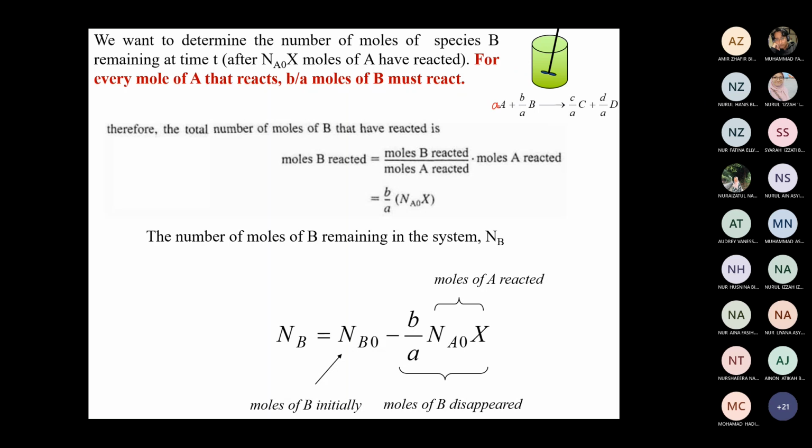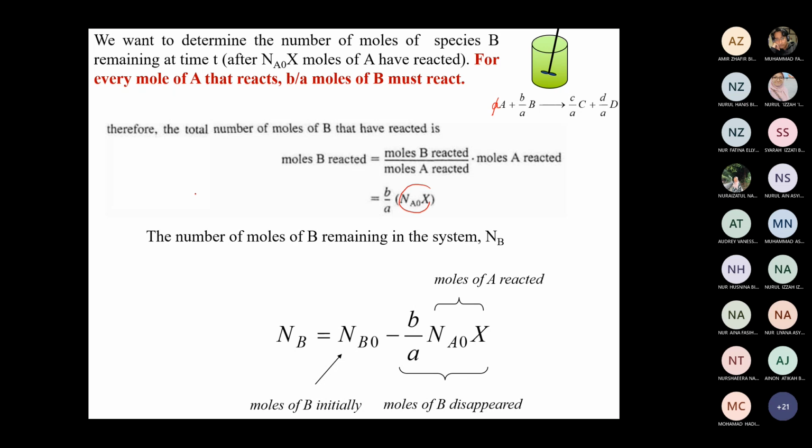We want to make A the limiting reactant, so you have to divide by A for each of the compounds involved, on the left side and the right side. So if you want to know the moles of B reacted, it is B over A times Na0X. This is the one that is being consumed.